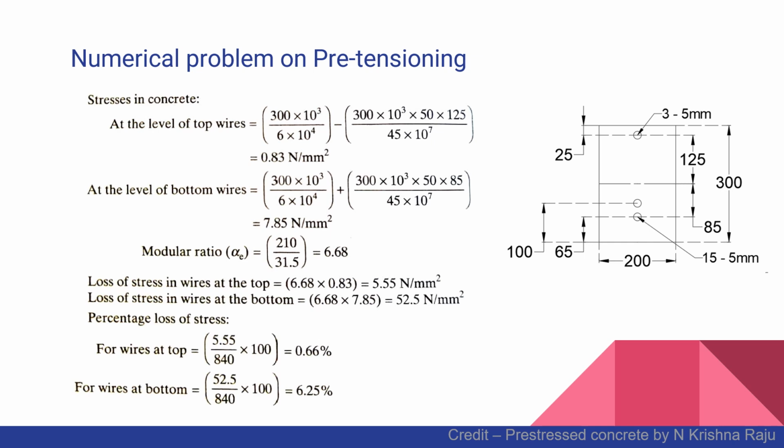The loss in stress is calculated by multiplying modular ratio by stresses in concrete at top and bottom fibers respectively. The percentage loss will be loss of stress divided by initial prestress into 100.